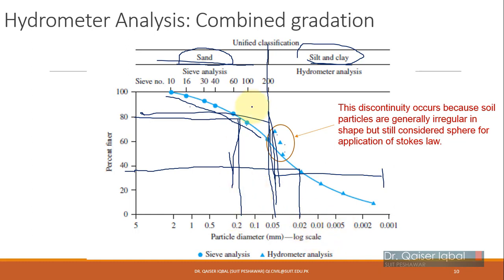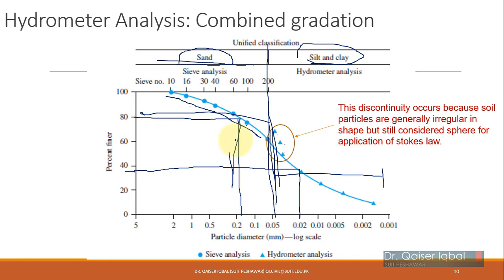Okay, so 20% of the particles are greater than 0.15 millimeters. So this is one of the uses of this combined gradation curve, from which you can see how much percent a particular size is present, or how much percent of the soil is less than a particular size.